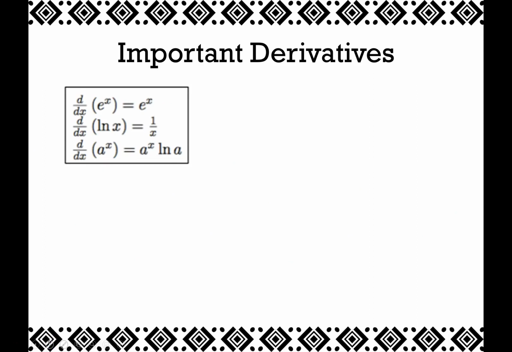So let's say we have something like y equals 2 times e to the x plus 4. Well, y prime is just going to be, well, what's the derivative of e to the x? The derivative of e to the x is itself. It's just e to the x.